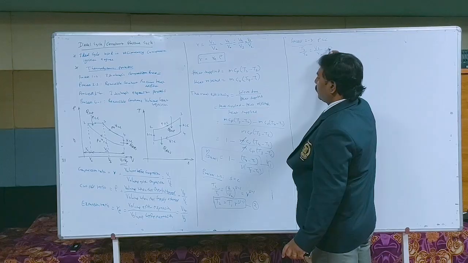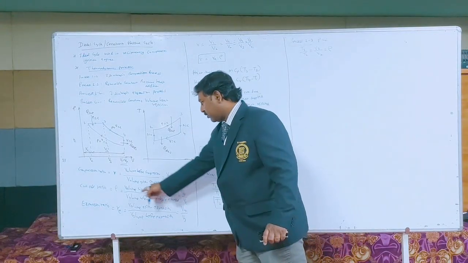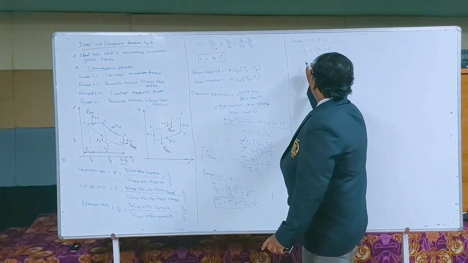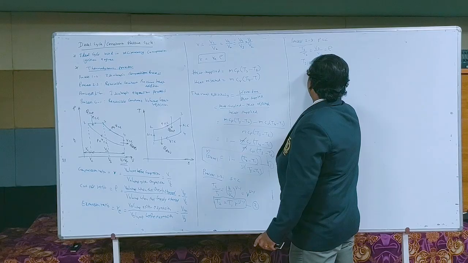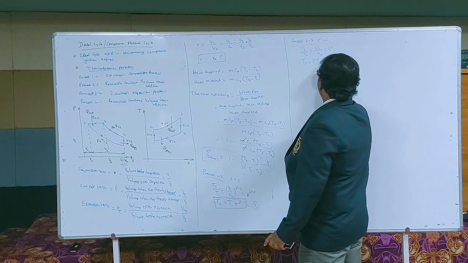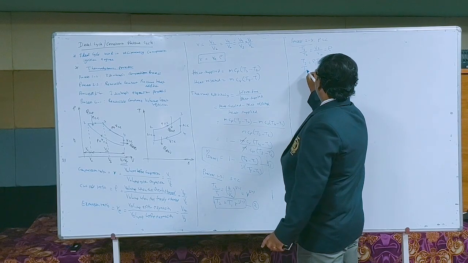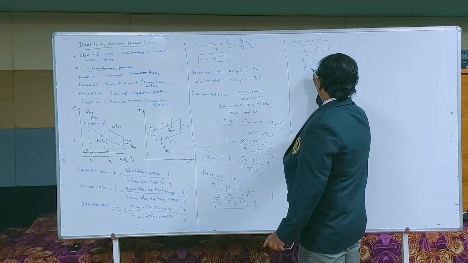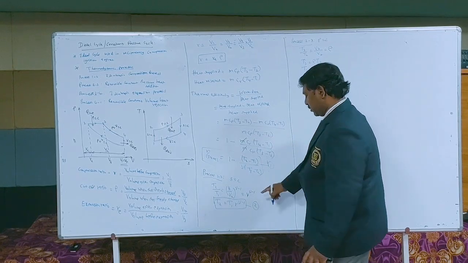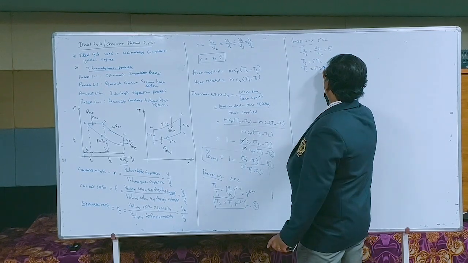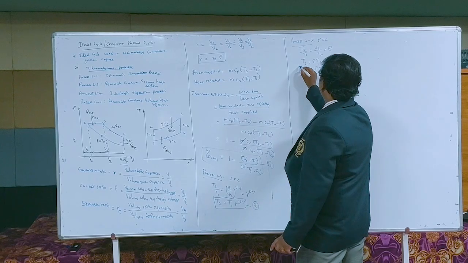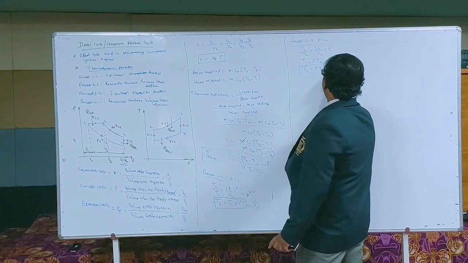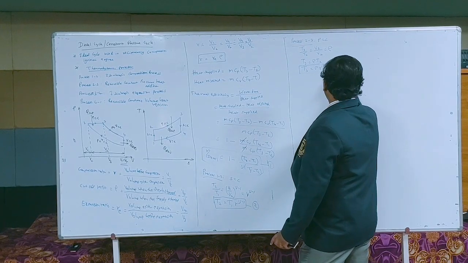V3 by V2, by definition, is the cutoff ratio. Therefore, T3 can be written as rho into T2, where T2 is T1 into R power gamma minus 1. So, we can write T3 in terms of T1. This is equation 3.